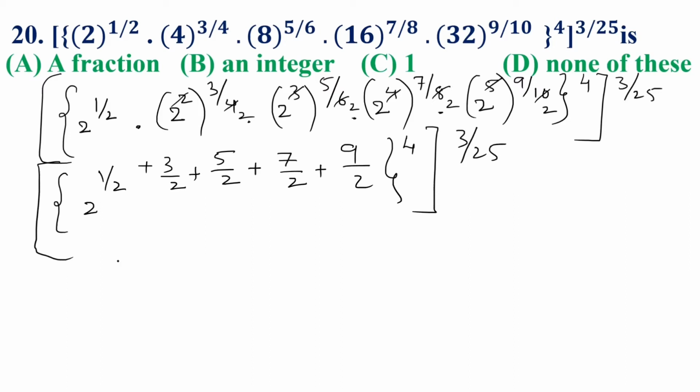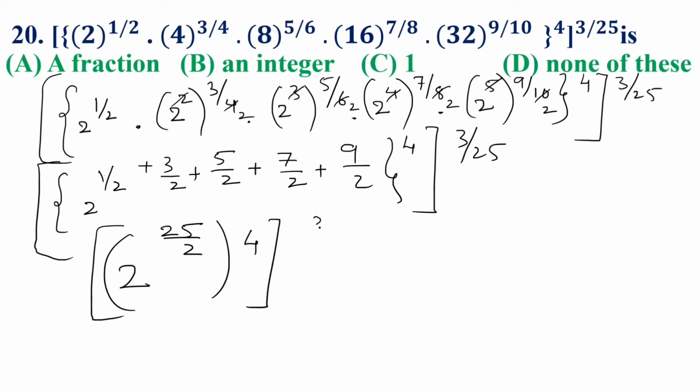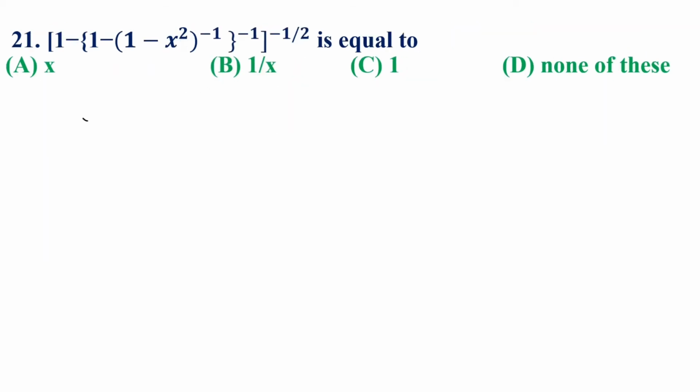Then for this 2 to the power of 1 plus 3, 4 LCM will be 2 only. 4, 9, 16, 25. 25 by 2 whole to the power of 4 into 3 by 25. 25, 25 will be cancelled. Next 2, 2. So 6. So the option is an integer. 2 to the power of 6 will come.